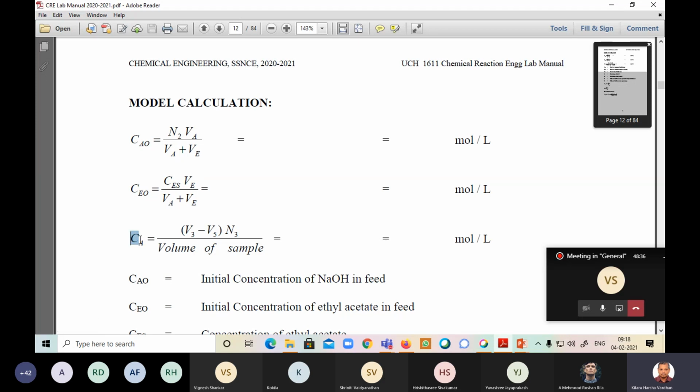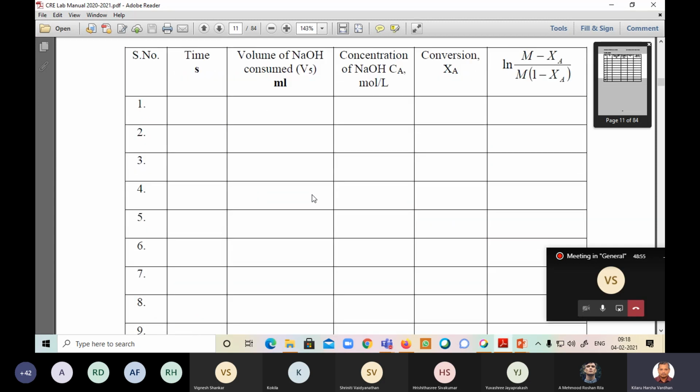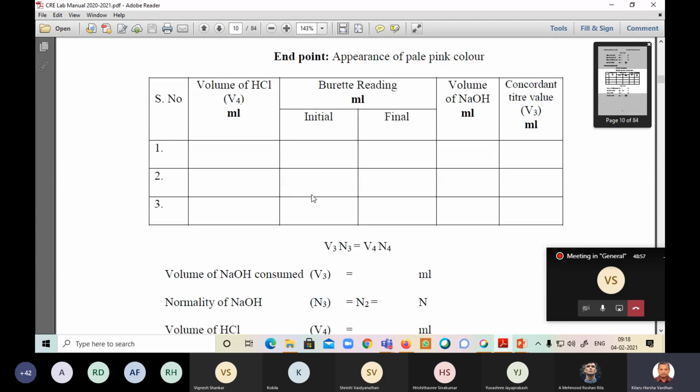Now what is CA? Since these are reacting, the CA0 is getting decreased because the NaOH concentration is getting decreased. At a particular time, you have to calculate what is the concentration of CA. That you are calculating by V3. V3 is nothing but you can see the second one. This is the V3.